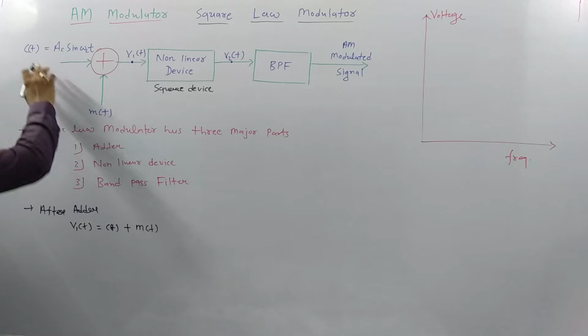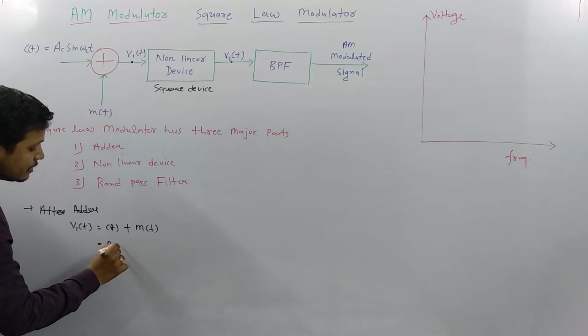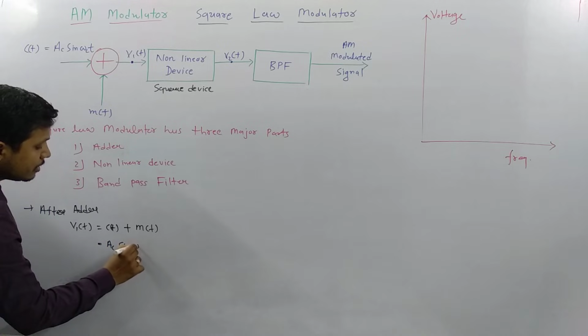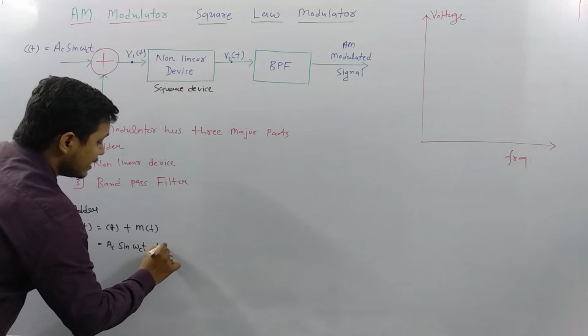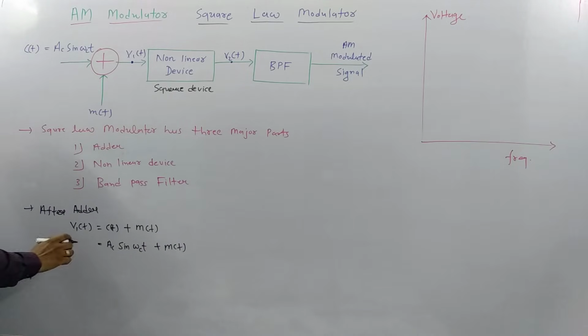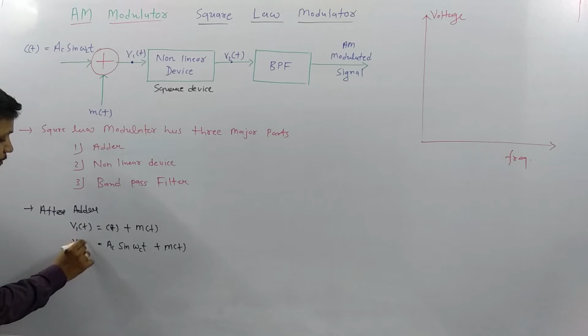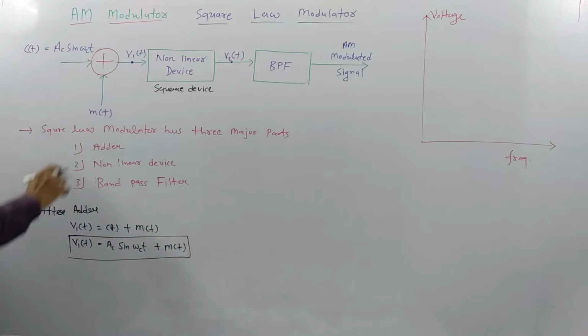Here the carrier signal is Ac sin omega c t, and the modulating signal is m(t). So this is V1 after passing through the adder.